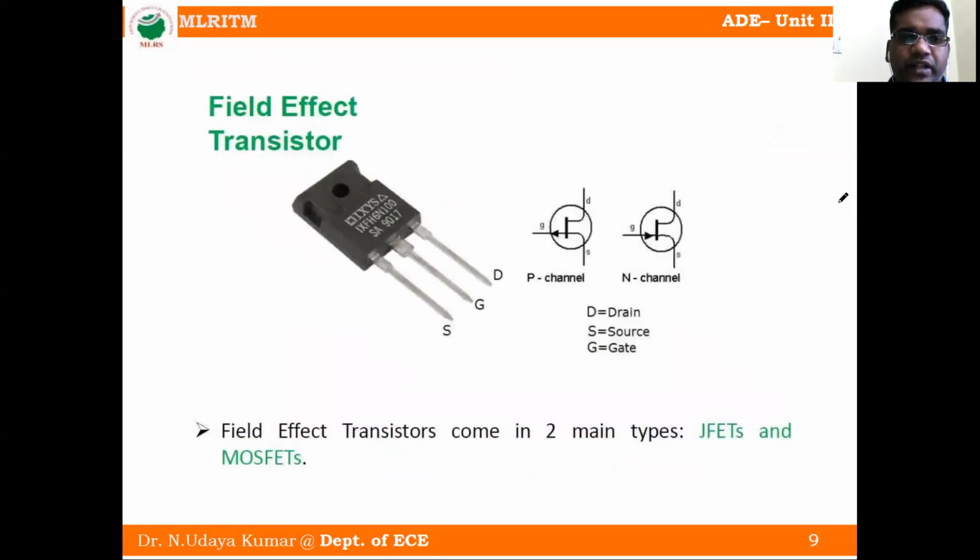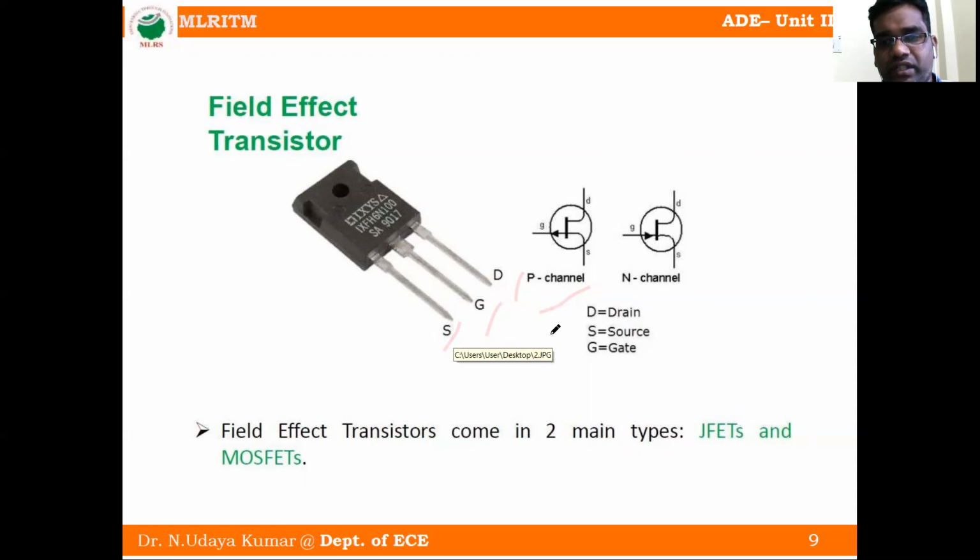A field effect transistor looks like this: source, gate, drain. We will see it in the ADA lab. This is the symbol: P channel because the arrow, the conventional current direction, is outwards.